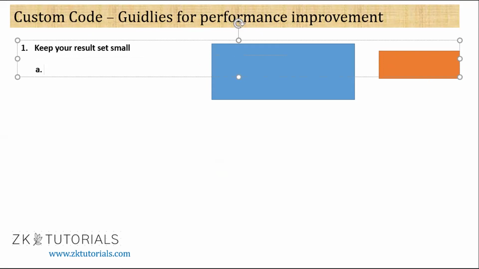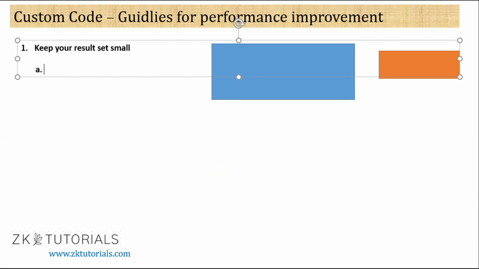So the first guideline is to discard lines using the WHERE condition, and the HAVING condition if you are using GROUP BY. The records which you don't need, you discard using the WHERE condition and HAVING condition.